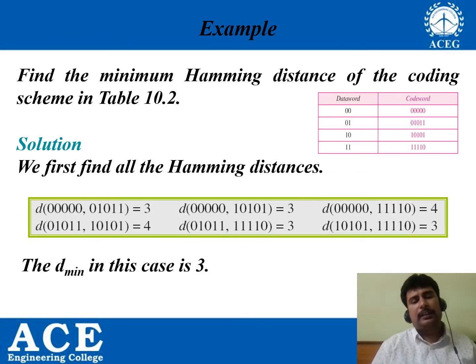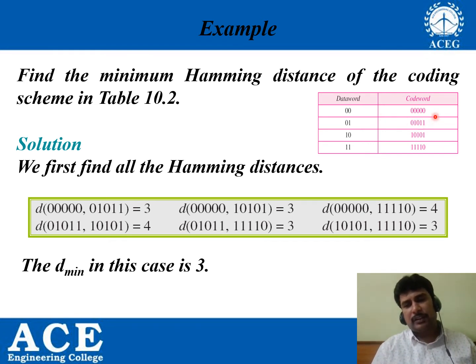Here you could find data words 0 0, 0 1, 1 0 and 1 1 represented with 4 different code words. 0 0 is indicated as 0 0 0 0 0. Data word length k equals 2, redundancy bits r equals 3, and n equals 2 plus 3 equals 5.